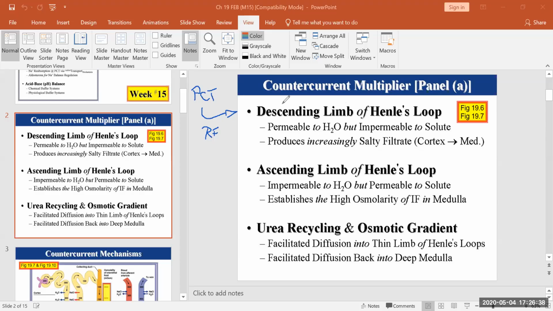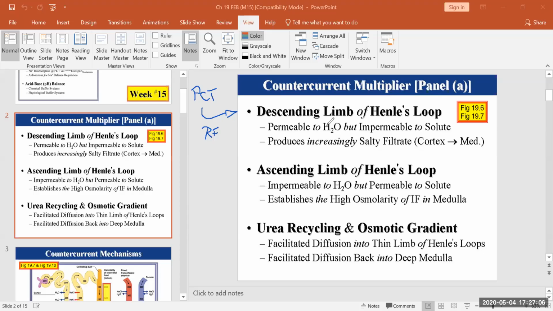Because that descending limb is permeable to water. However, the solutes, the chemicals like sodium, are not allowed to leave. So sodium chloride, for example, the table salt that is in your renal filtrate, remains in the renal filtrate. Only water is allowed to leave the renal filtrate and goes into the interstitial space, right?